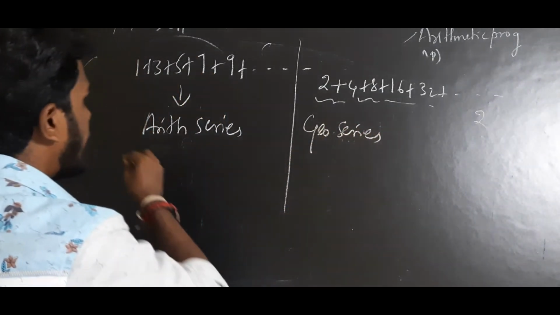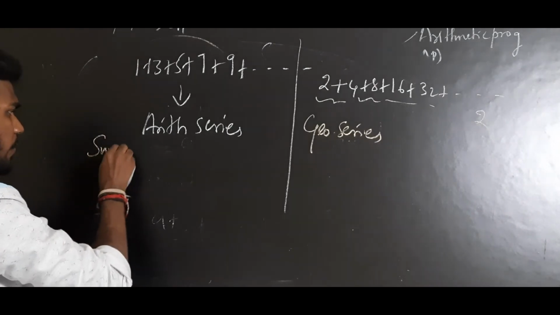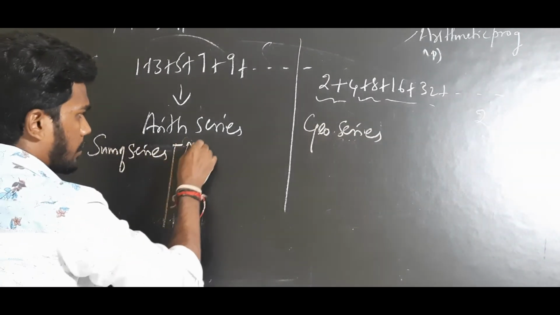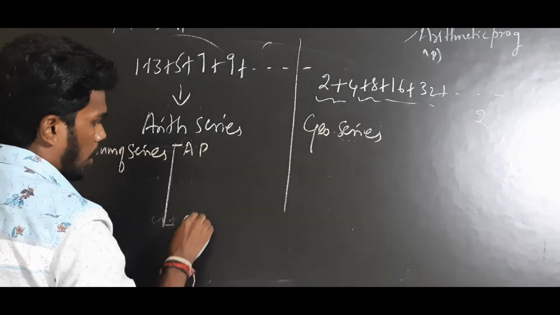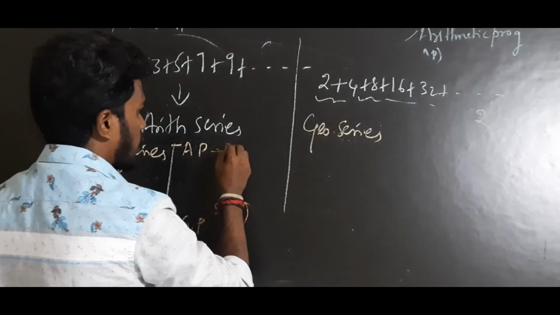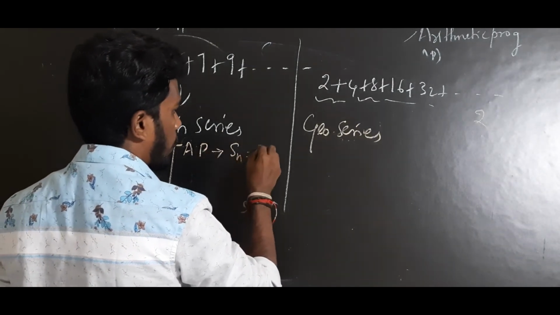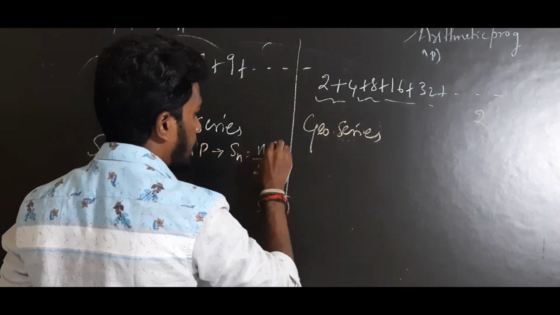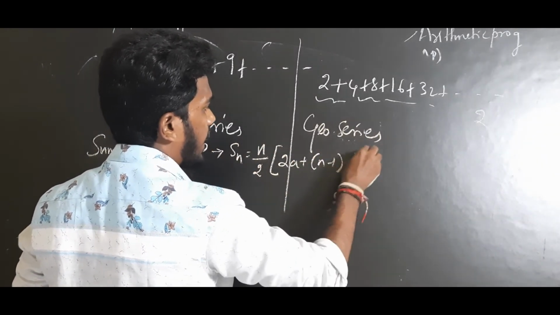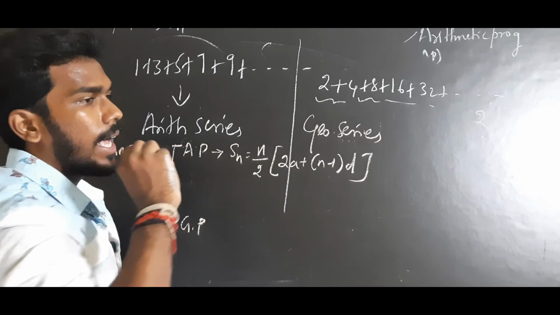So to calculate the sum of series in arithmetic progression and in geometric progression, we have different formulas. For arithmetic progression, the sum of the series Sn is equal to n divided by 2, 2a plus n minus 1 of d, where n is the number of terms.